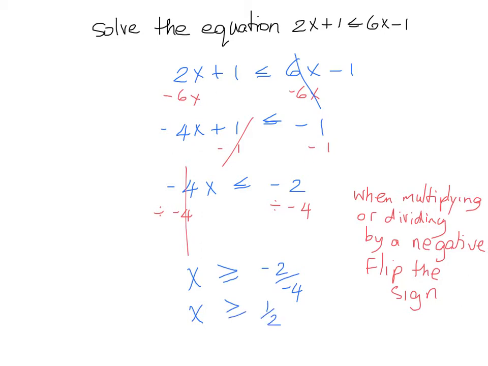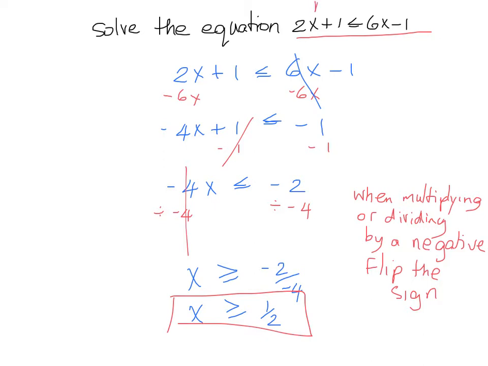Because this was a little weird and we're not that used to inequalities, you may want to check this and make sure that it is in fact true. You can go back to the very original inequality and try plugging in a number that is greater than or equal to a half. I choose 1 because 1 is pretty easy to work with.